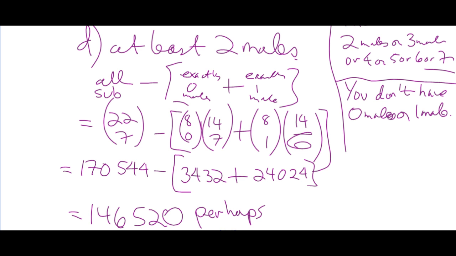Okay, I'm going to do this in one fell swoop. So I'm going to enter 22 math PRB C7 minus bracket 8 choose 0, that's 8 times 14 math choose 7 plus, oh sorry, that's 1.